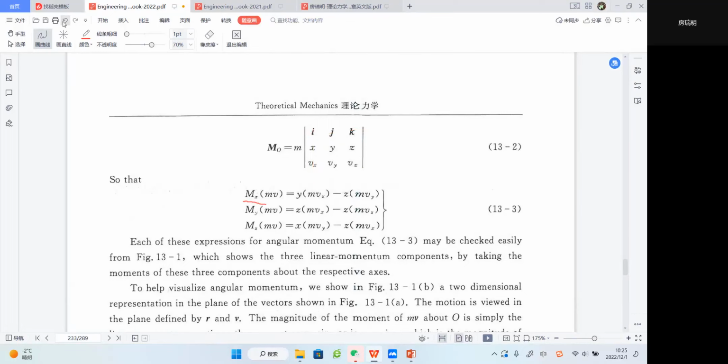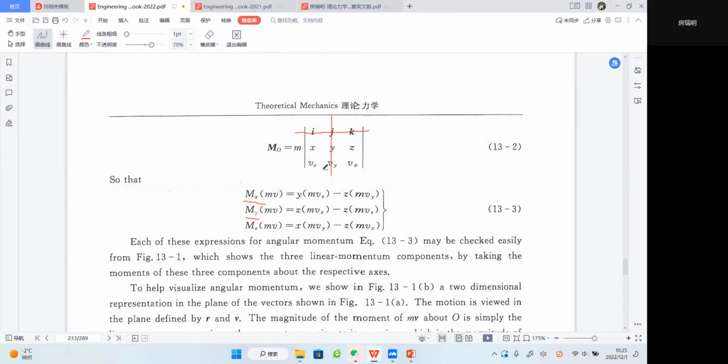Next, when you try to find the second one, My, this time we cut the first row and then the middle column, right? This time, please remember, we have this determinant calculation, but we should change the sequence.